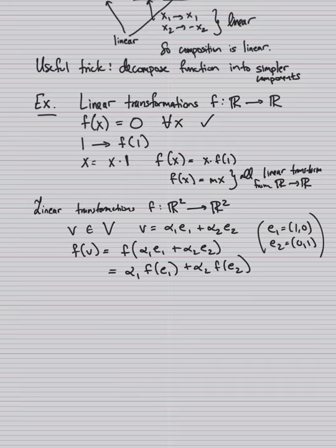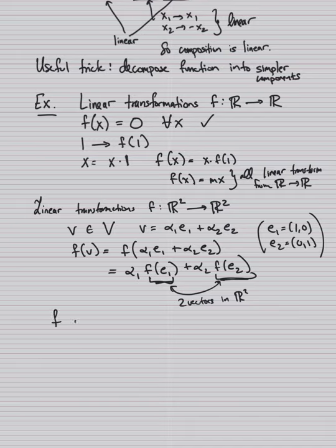So these are just two vectors in R2. And if we know what v is in these coordinates, and you can work out what the images are, then you know essentially the entire function.